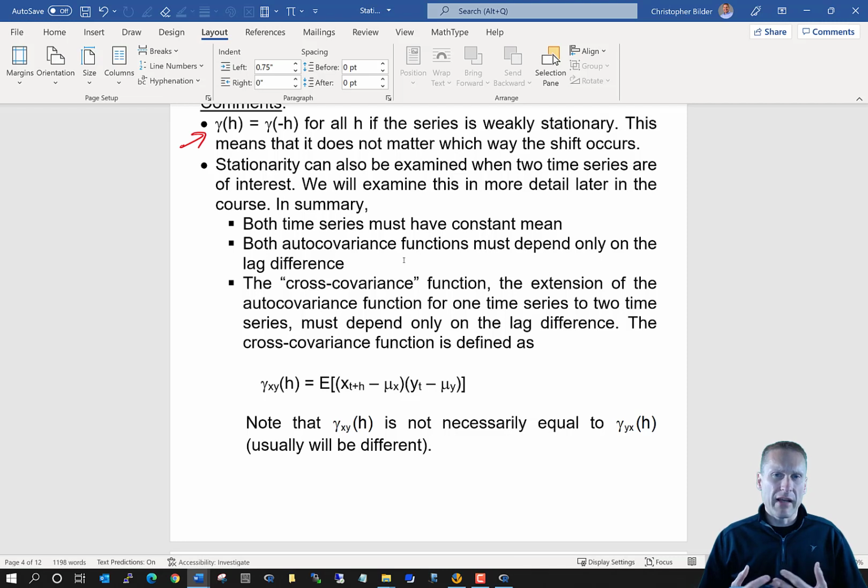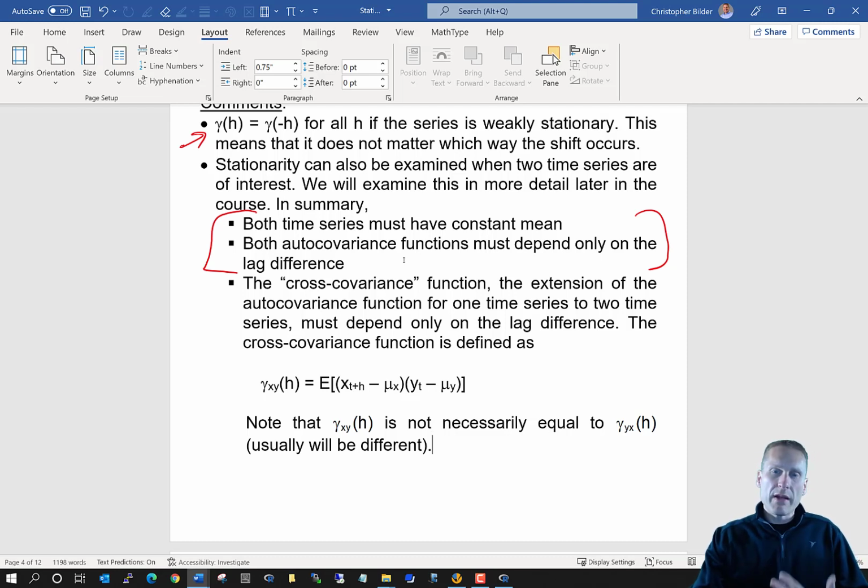What I like to do is break this off into a different subsection of my notes rather than do it in the middle of this section here. But just real briefly, what does it mean to have stationarity when you're dealing with two time series at exactly the same time? Well, you have weak stationarity with respect to each individual time series as well.